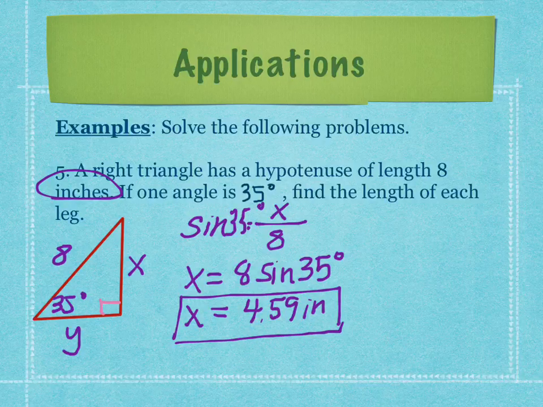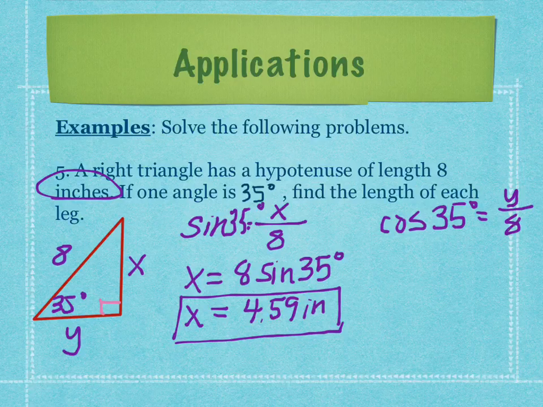But I also need to find y. So how is my 35-degree angle, my y, and my 8 related? That's cosine. And we'll talk just a minute about another way we could think about this. But cosine of 35 degrees equals y, the adjacent side, over the hypotenuse 8.